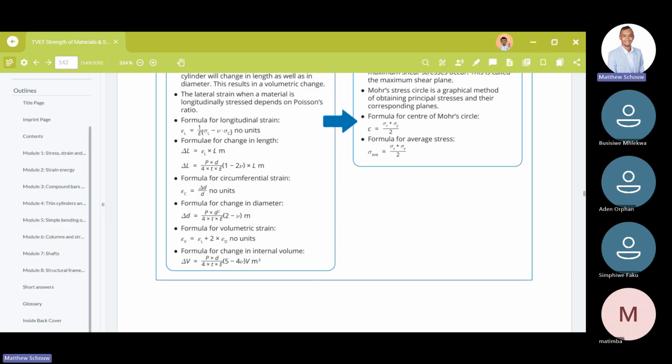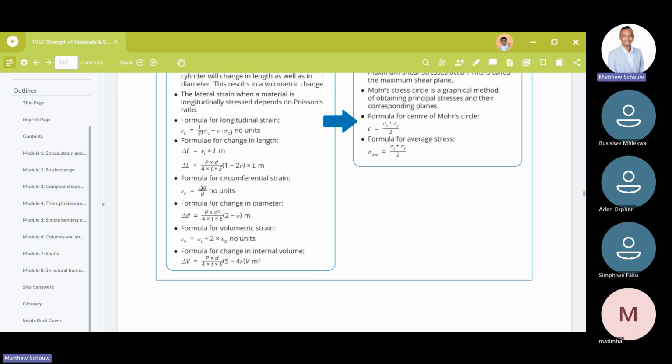We're looking at the change in diameter, and all we have to use is that formula over there. We want to see how the diameter has increased. We're not expecting big numbers here, by the way, otherwise it would obviously mean the structure has failed. Simple formula.